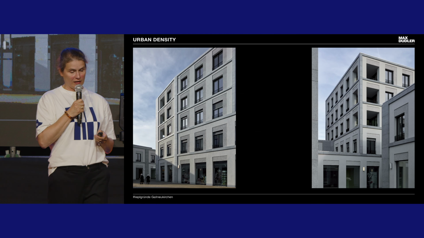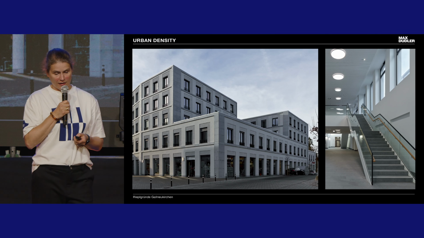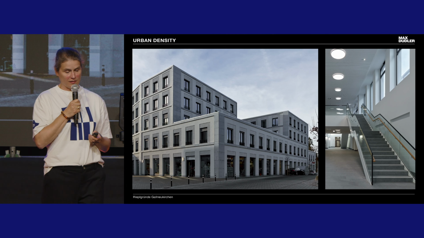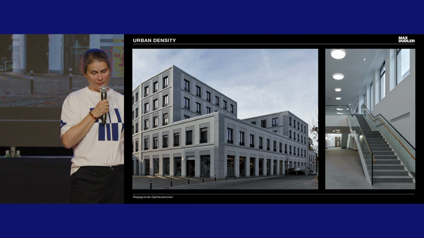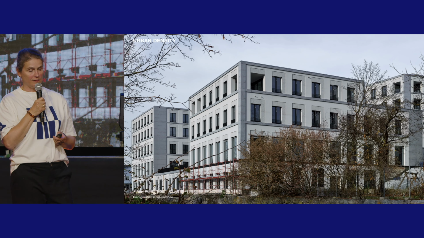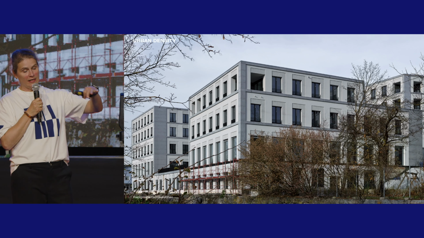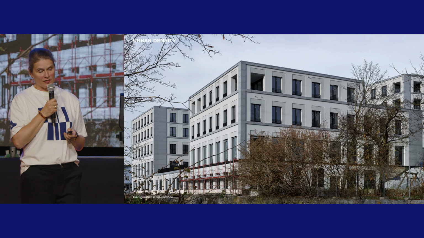You see different kinds of windows showing the different functions behind. There's a mall included. There are office spaces, apartments. And that's the view from the river. And you see the different layers of function in the new city center.